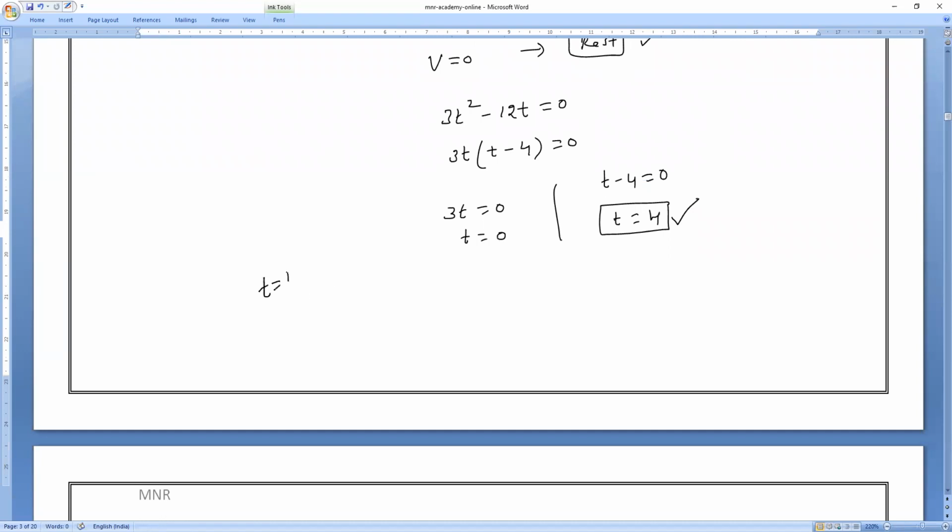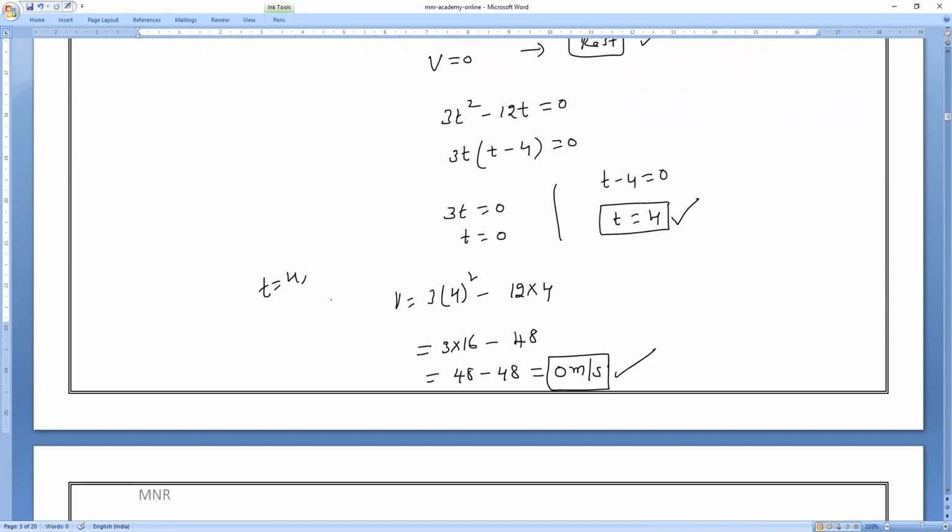You can substitute t is equal to 4. So v is equal to 3 into 4 square minus 12 into 4, which is equal to 3 into 16 minus 12 into 4. 3 sixteens are 48. 48 minus 48 is 0. All right. Any doubt?